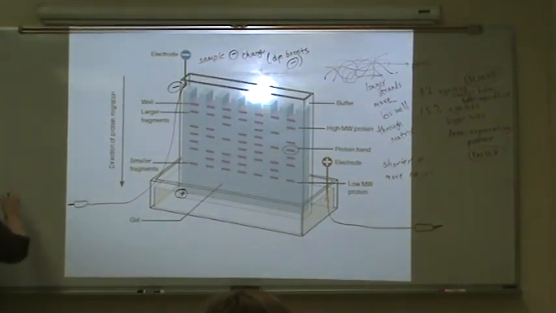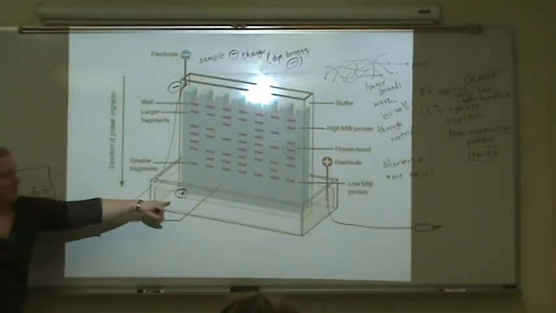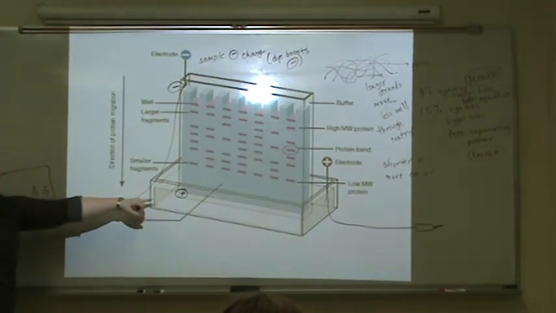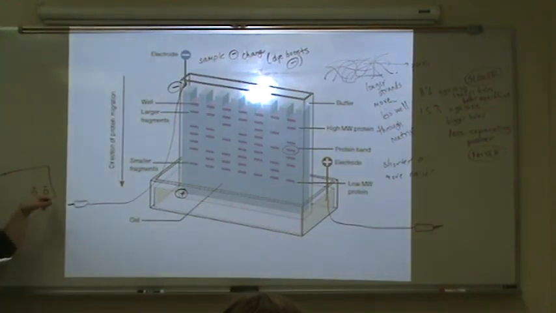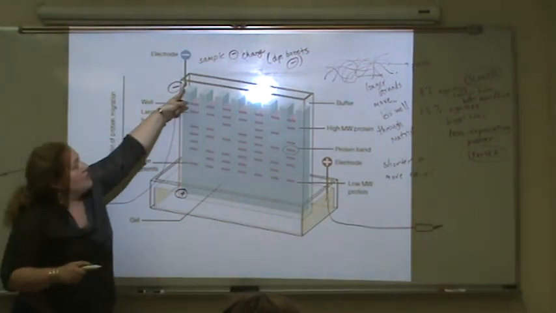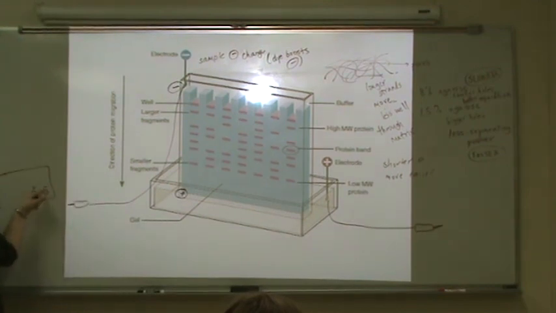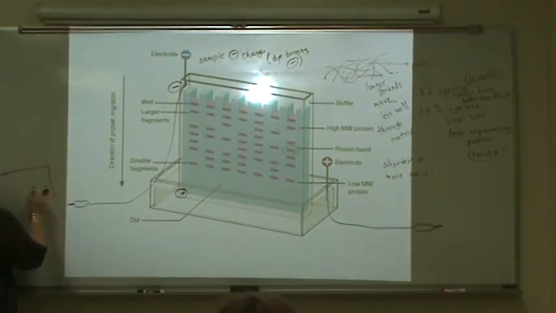You hook them up to a power supply box with holes to plug the plugs in, and the holes will be labeled like that. So you would plug the positive, the one that's connected to this end that needs to be positive, into the positive terminal. You plug the end that's near the wells that's supposed to be negative into the negative terminal. Guess what happens if you plug these into the wrong slot? It runs up.